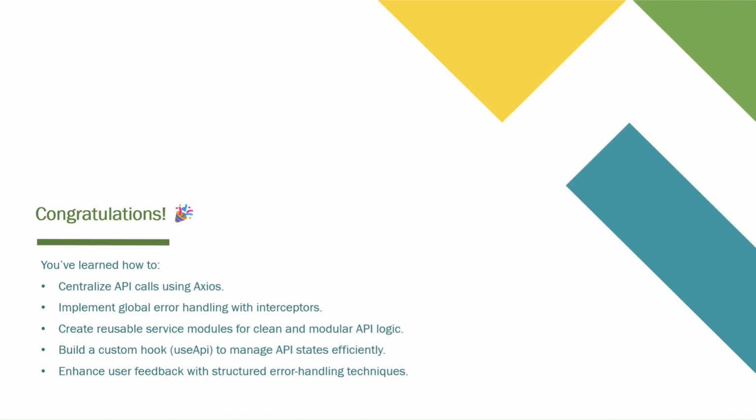You have learned how to centralize API calls using Axios, implement global error handling with interceptors, create reusable service modules for clean and modular API logic, build a custom hook to manage API states efficiently, and enhance user feedback with structured error handling techniques. These skills are not only valuable for improving your React projects, but are also essential for writing scalable and maintainable code in real-world applications.